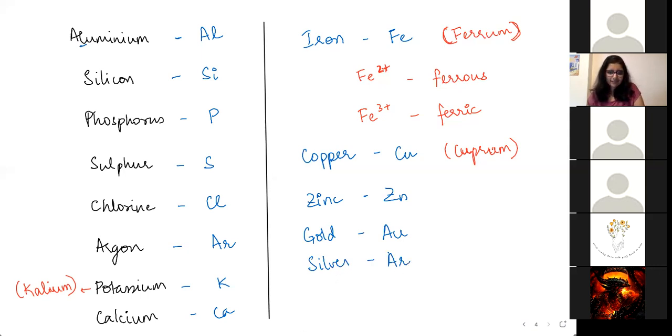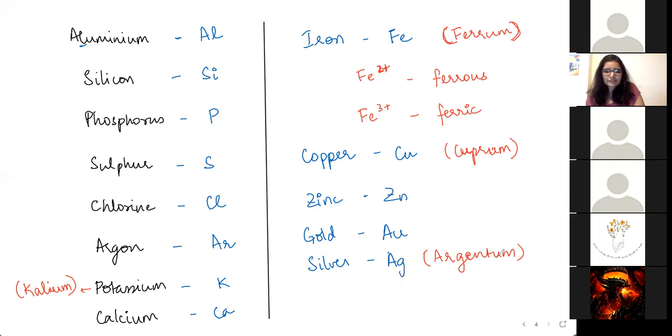Ma'am, it's Ar. Silver is Ar, again Latin name. This comes from argentum. But ma'am, even argon is Ar, right? Sorry, silver, my bad. Very good catch. So this is Ag, not Ar. Because argon is Ar, this is Ag.